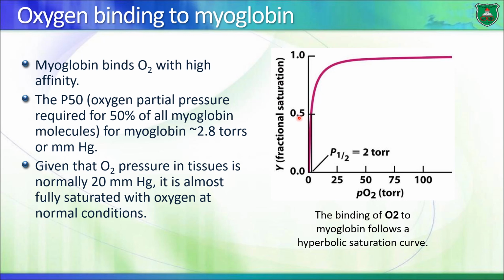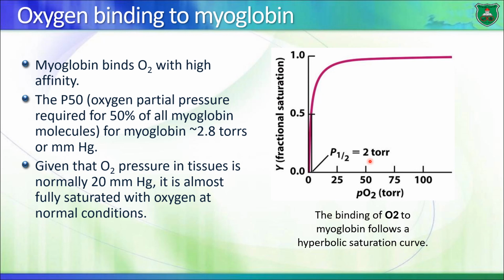So the idea is, what is the P50? That is, what is the pressure of oxygen where 50% of myoglobin is saturated or bound to oxygen. And so you look at the 50% mark, you go here, you go down, and you look at the x-axis and you say it's 2 torr.